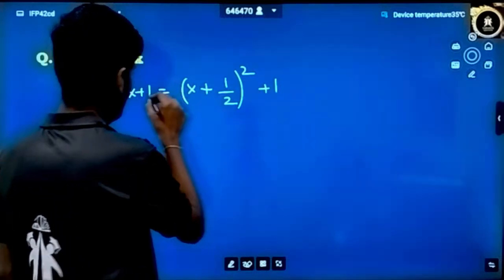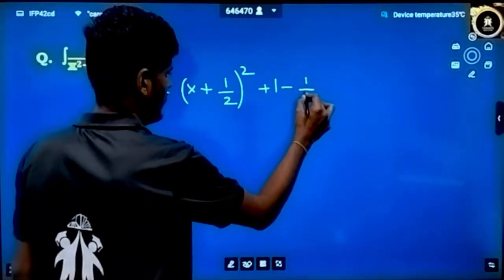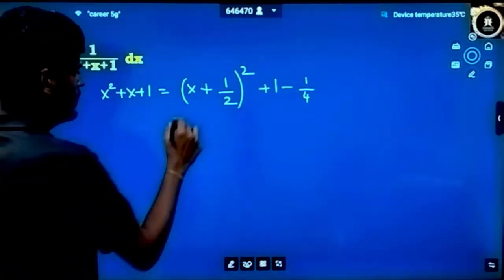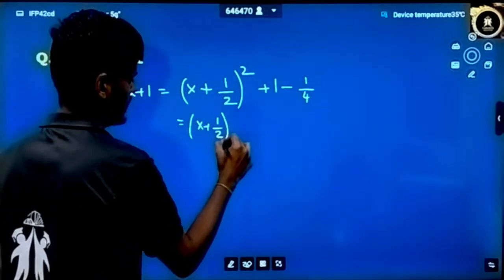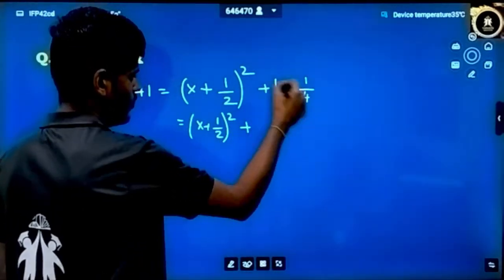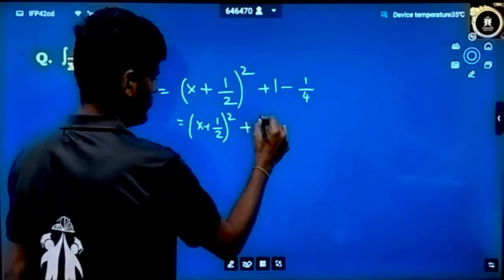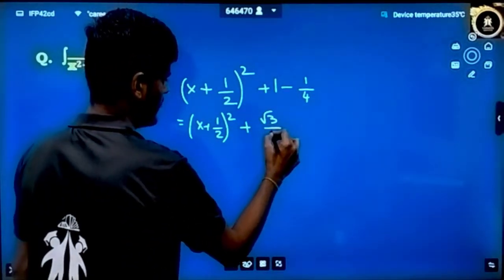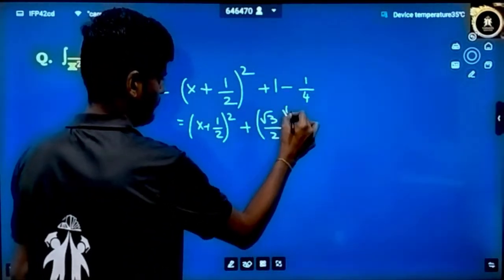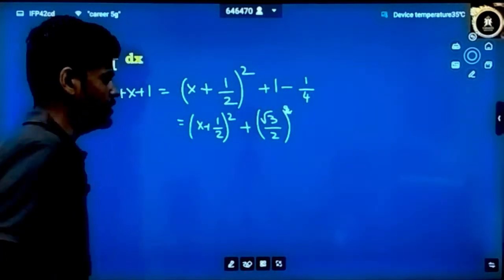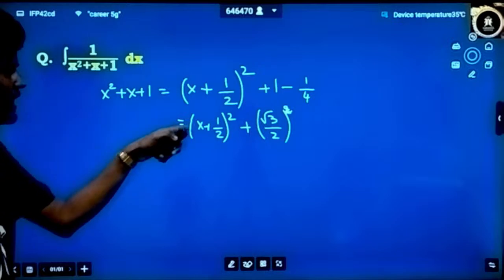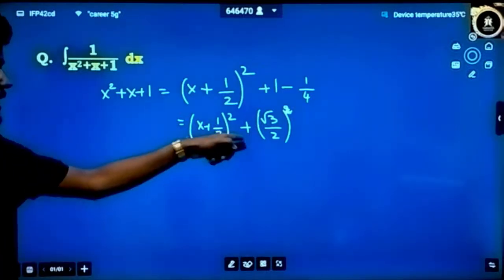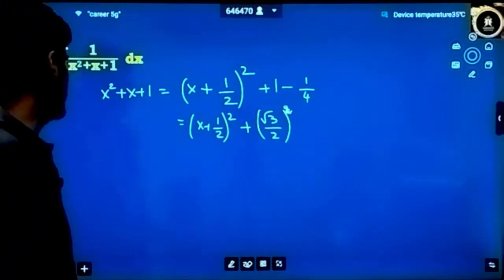The plus 1 stays as it is, and we subtract this 1 by 4. That will be equal to x plus 1 by 2 whole square, plus 1 minus 1 by 4, which is 3 by 4, which is root 3 by 2 whole square. So x square plus x plus 1 will be equal to x plus 1 by 2 whole square plus root 3 by 2 whole square.